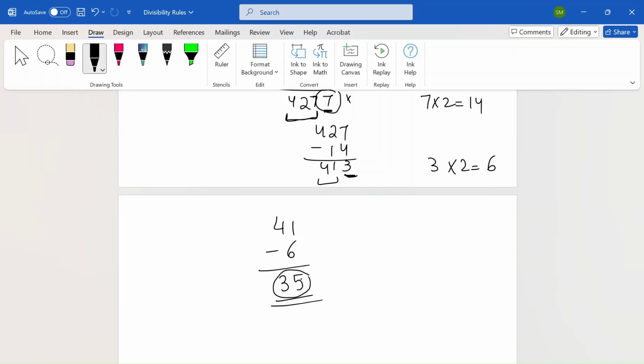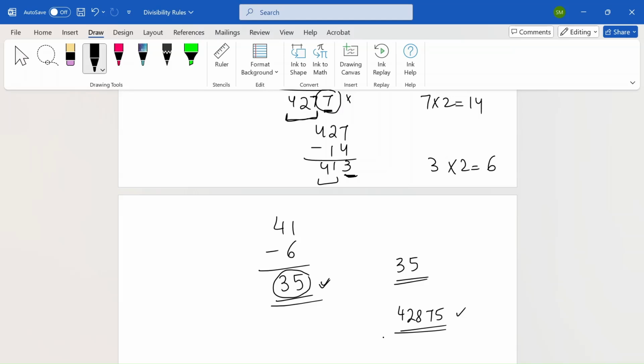We have to repeat this process until we have reached a stage where we can easily figure out if this number is divisible by 7. So as we know that 35 is divisible by 7. 7 5s are 35. So as this number is divisible by 7, the entire number 42875 is also divisible by 7.